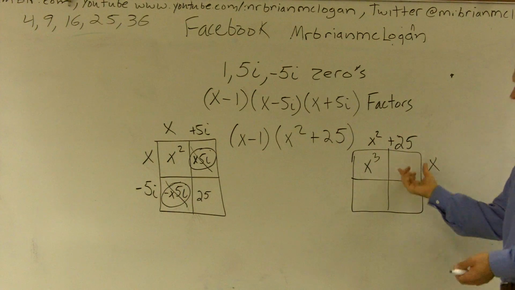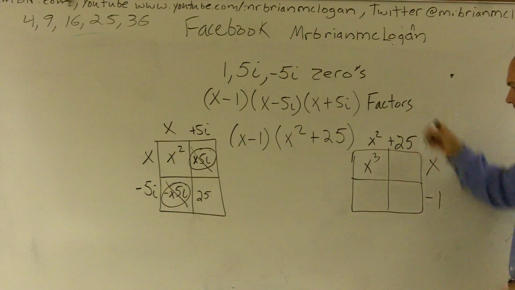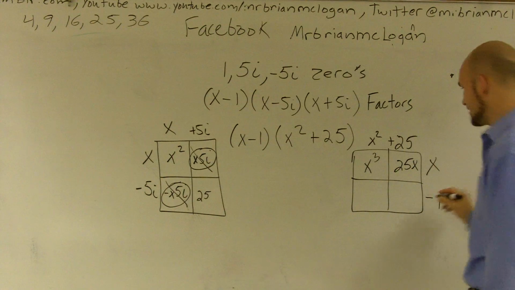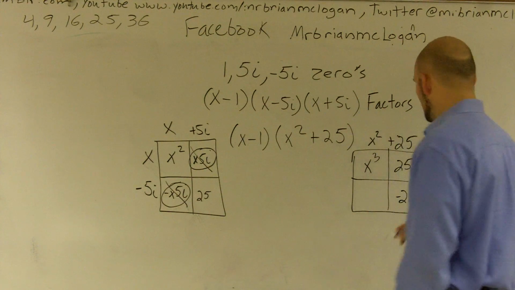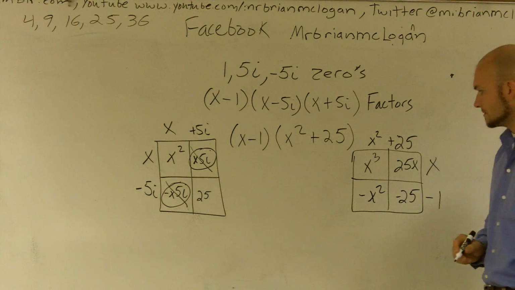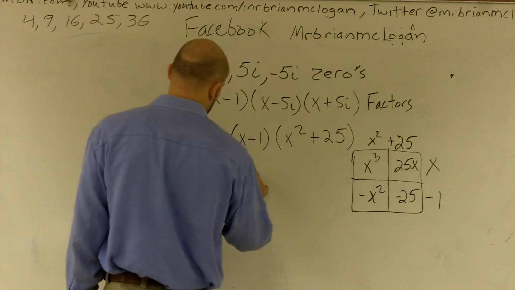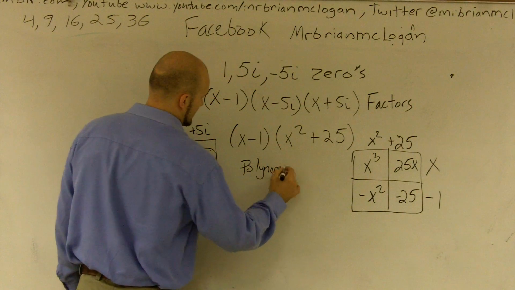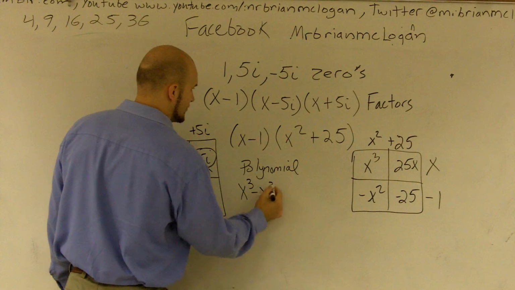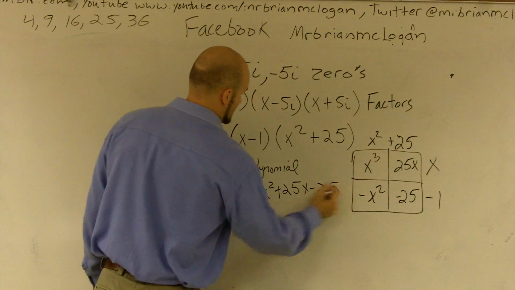All you gotta do is think of these as side lengths of each square, so you just find the area of every square. 25 times x is 25x. 25 times negative 1 is a negative 25. X squared times negative 1 is a negative x squared. So therefore, my final polynomial is going to be x cubed minus x squared plus 25x minus 25.